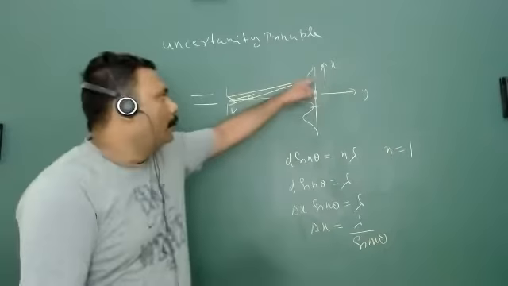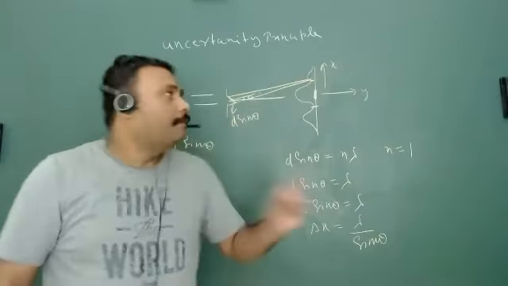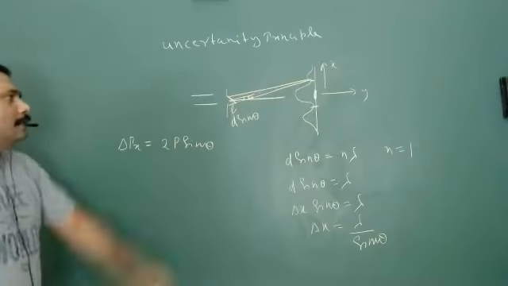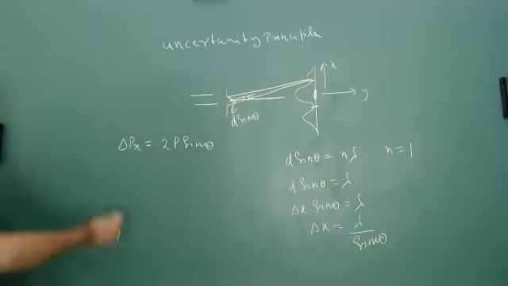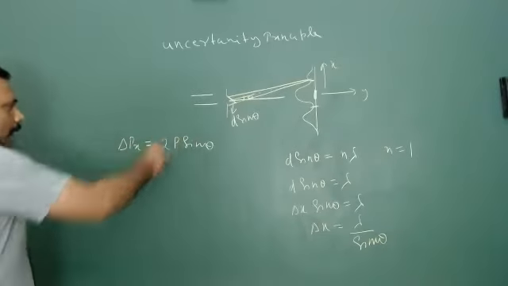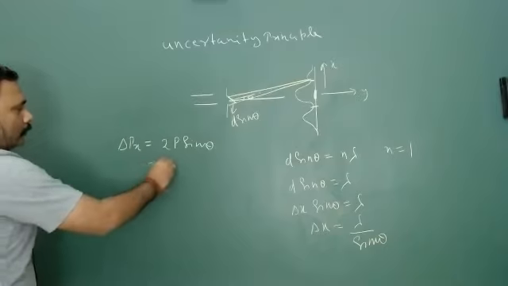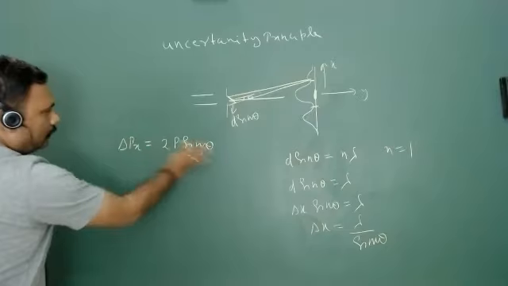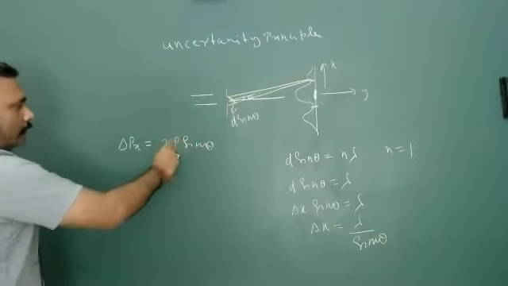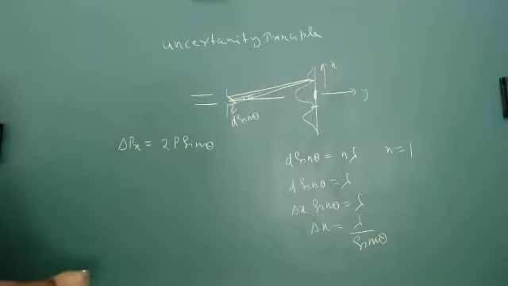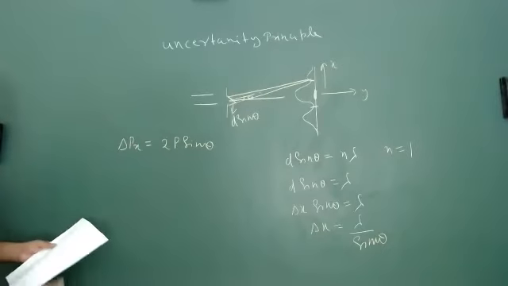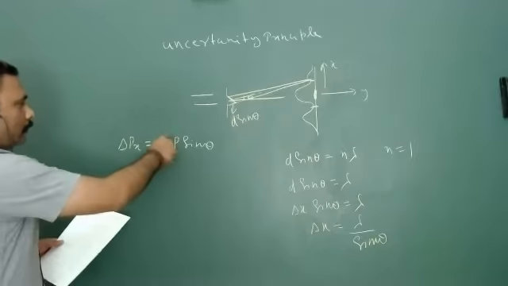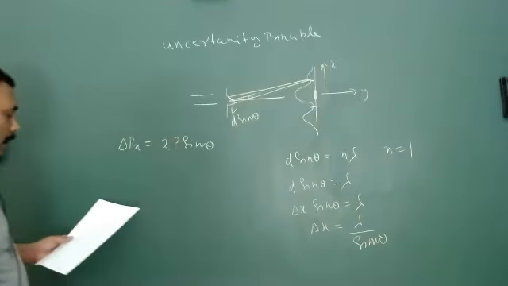The spread of the momentum in this direction and this direction, in the x direction, is 2p sine theta. And we can write p as h upon lambda.